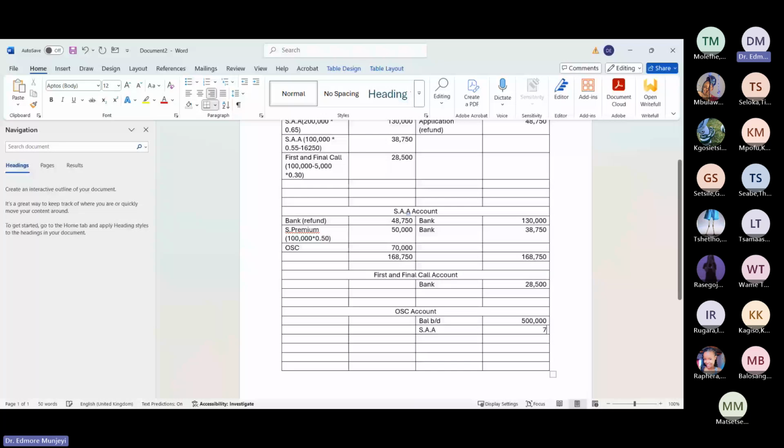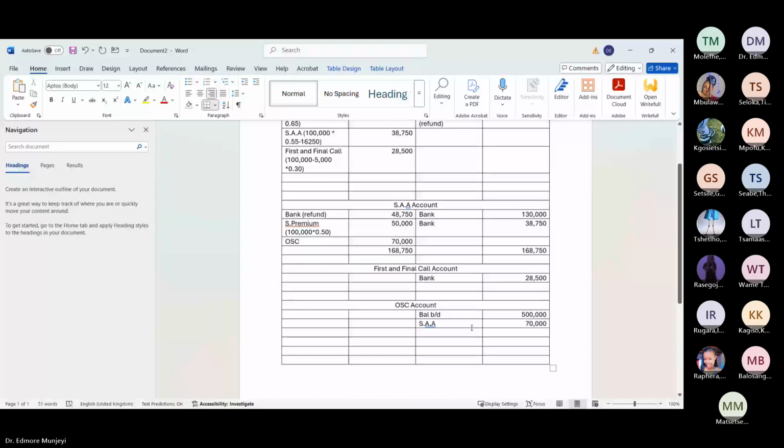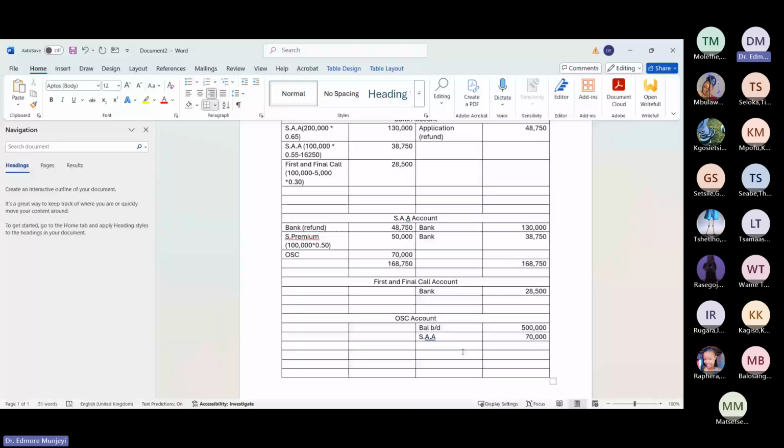Now, remember, we have a new entry. In our share application and allotment account, there is a figure there for share premium, and we don't have any account to credit that.